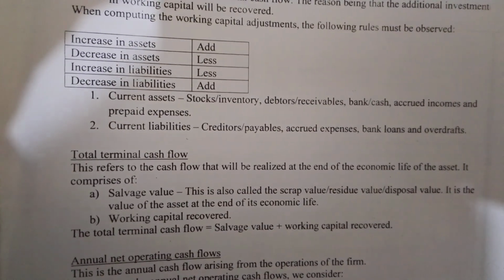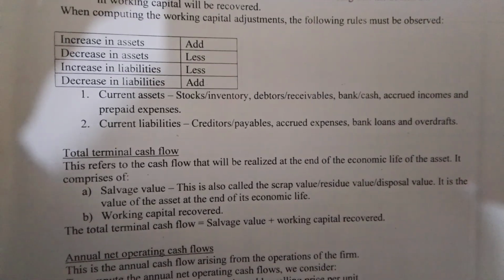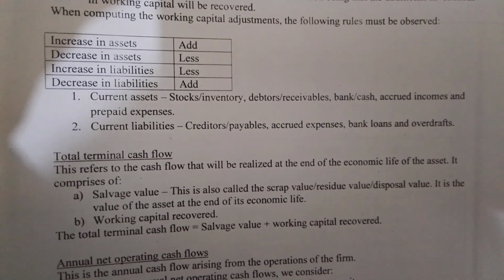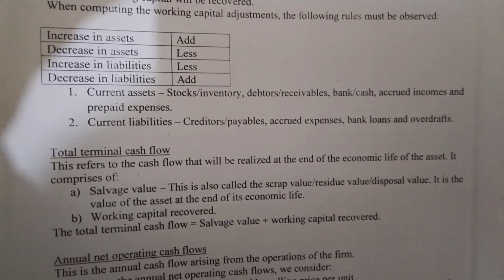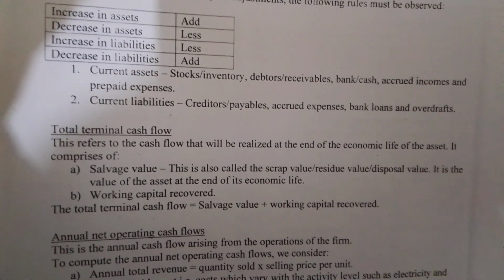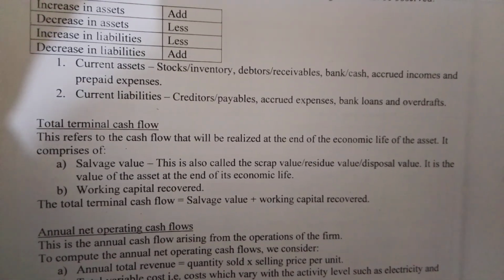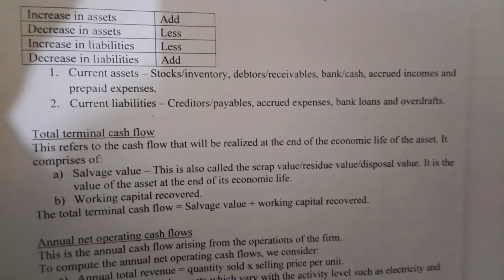To get the initial capital as our first item, we said you take the purchase cost of the asset, plus any incidental cost, any other cost which has been incurred to bring into use this particular asset. Then working capital adjustments.